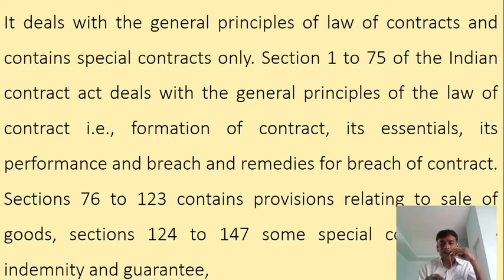Sections 1 to 75 of the Indian Contract Act 1872 deal with the general principles of the law of contract, from formation of the contract up to the end, that is, discharge of the contract, breach of contract and remedies for breach of contract. All of this is included.